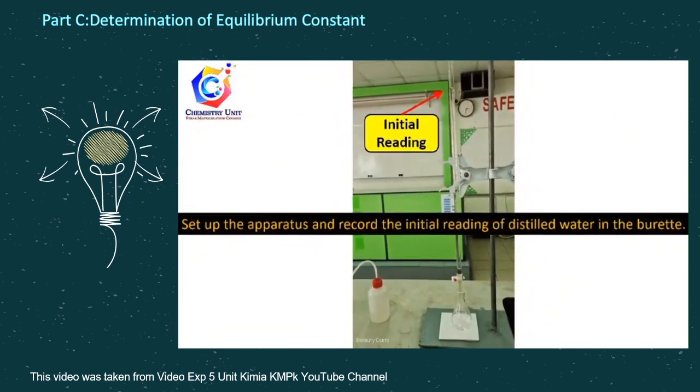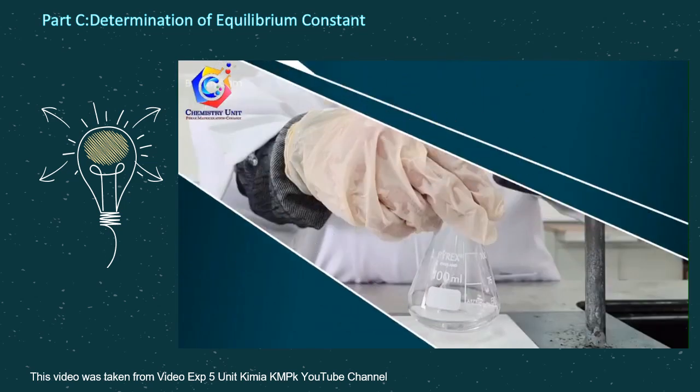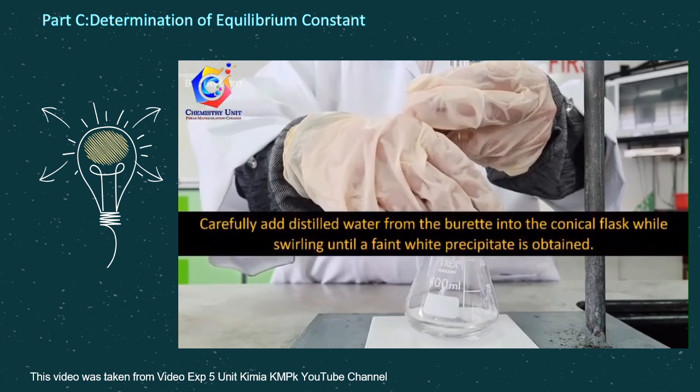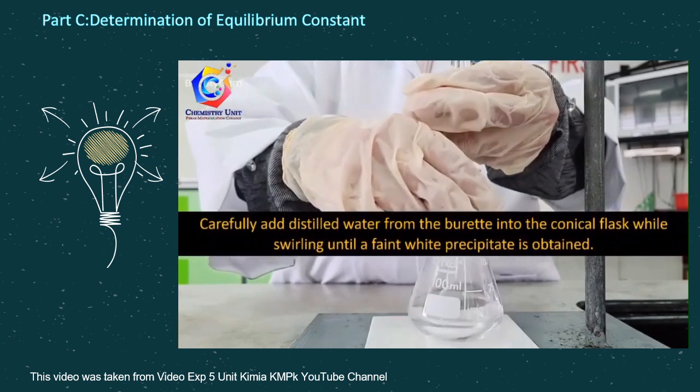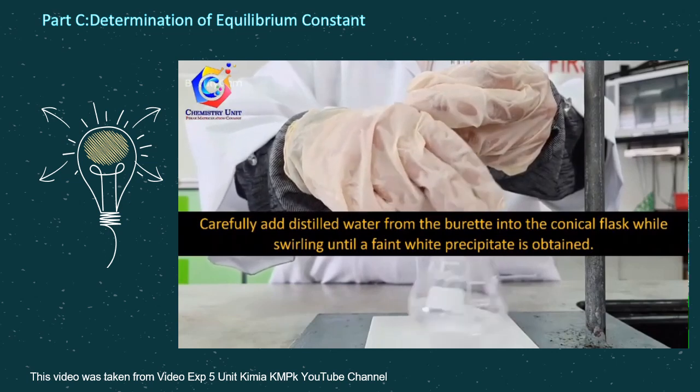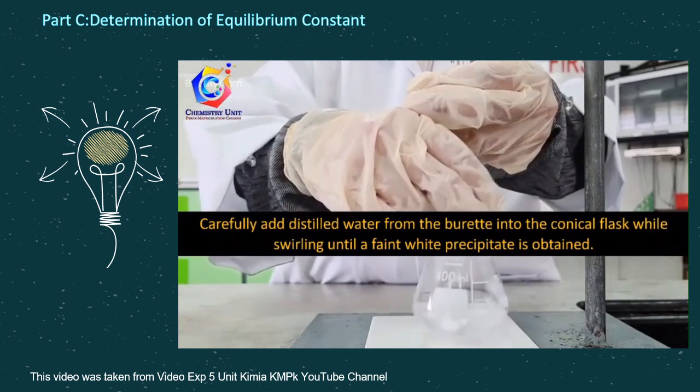Set up the apparatus as for titration and record the initial reading of distilled water in the burette. Carefully add distilled water from the burette into the conical flask while swirling until a faint white precipitate is obtained.